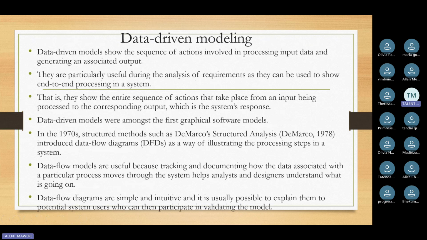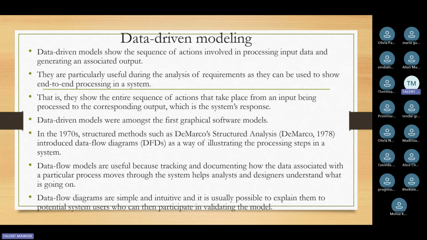We want to talk about the latter, data-driven modeling. We said there's event-driven modeling and then there's data-driven modeling.